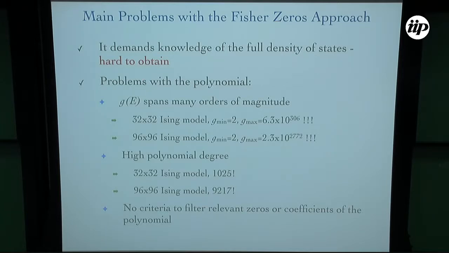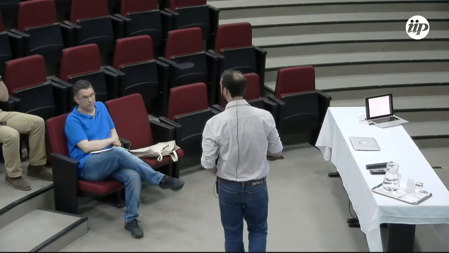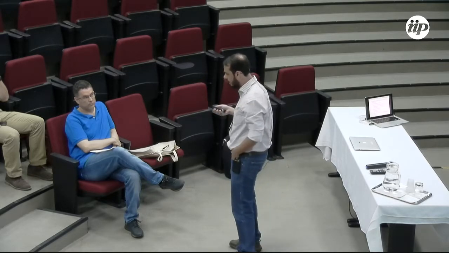Perhaps the main problem is, for example, if you take the 96 by 96 Ising model on a square lattice, you have 10 to the 2,700 orders of magnitude in the coefficients of the polynomial. So it's very unlikely that you have any reliable numerical method to find all these roots.